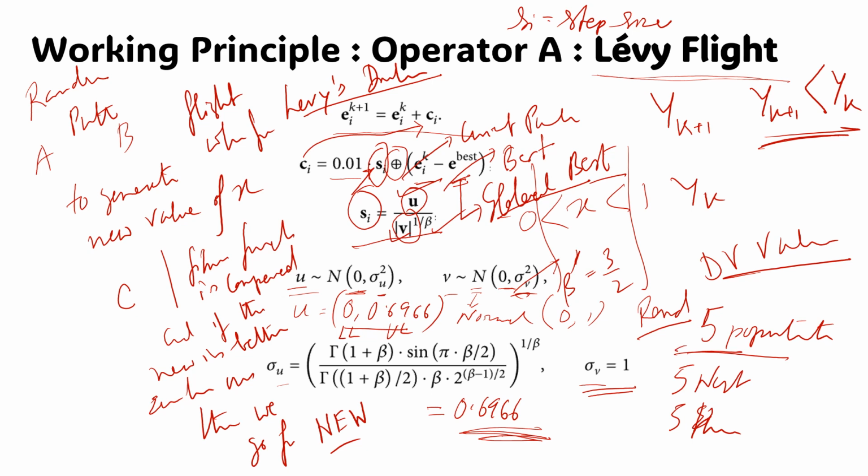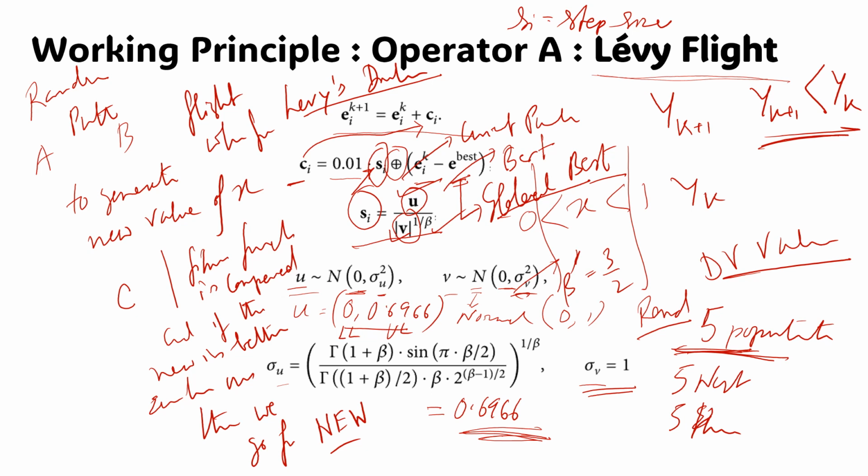That is, you have already generated the population of 5. What I found is that if you are not considering different values of x, C_I will automatically start to give a new value, but in a different way. So C_I is equal to 0.01 multiplied by this S_I multiplied by E_I minus E best.